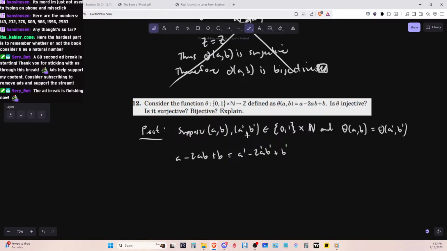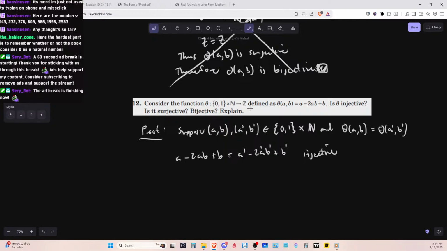So I think this is injective because if you have 1 at a, and a prime is also the same as a, this will equate to a negative number if it's 1, but if it's 0, then it's going to be a positive number. So it is injective.